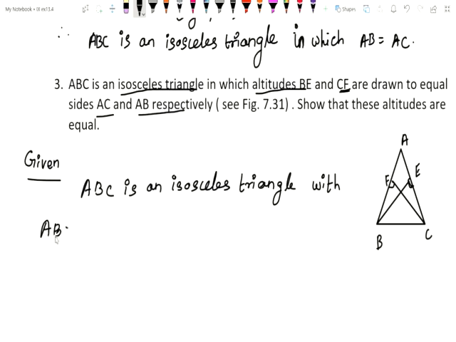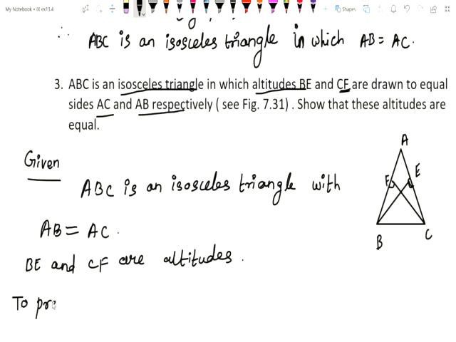BE and CF are altitudes. So what do we want to prove? The altitudes are equal. It means BE equal to CF.